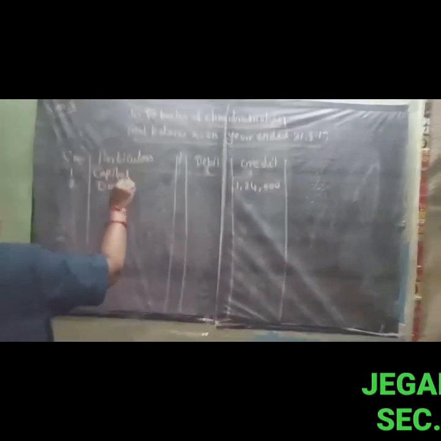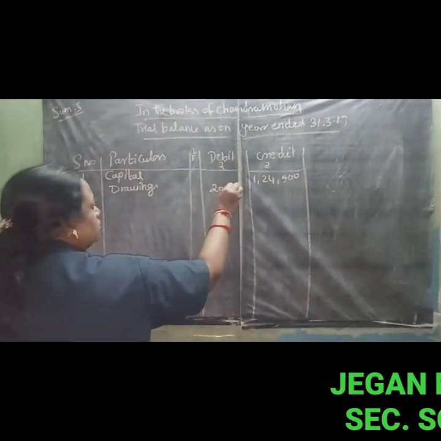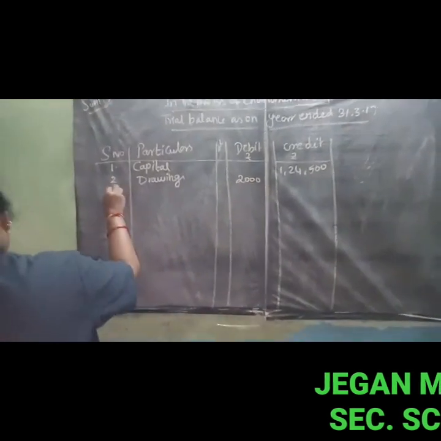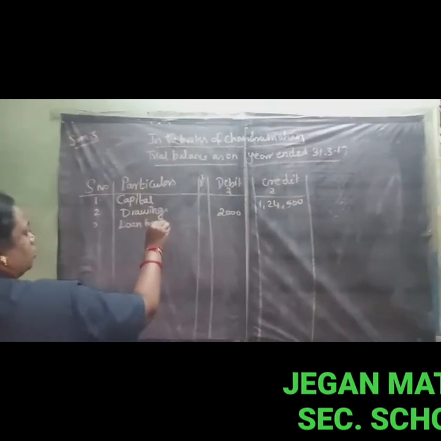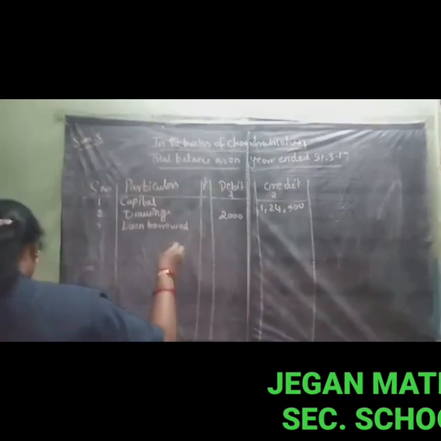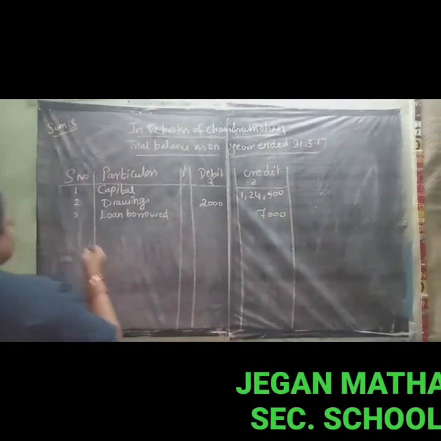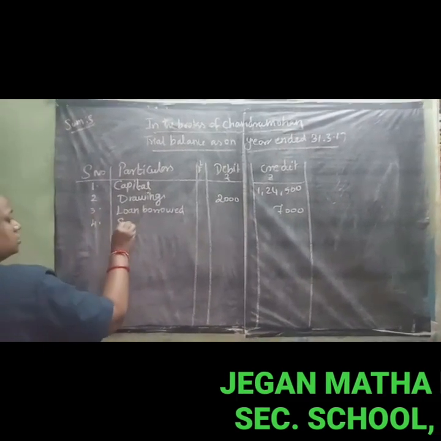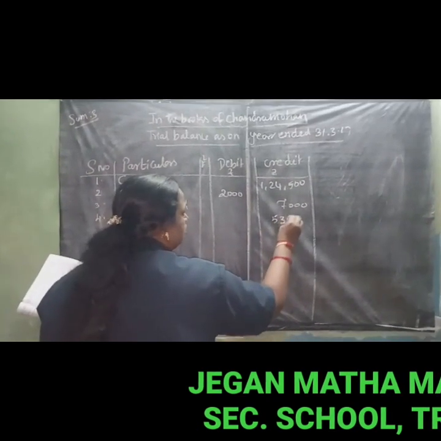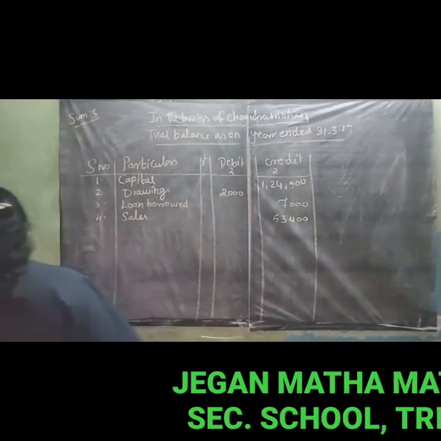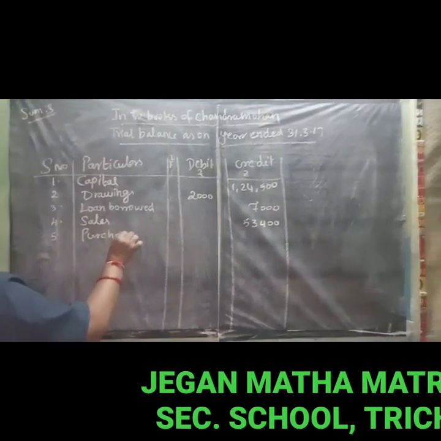And second item, drawings. So drawings, debit column, 2,000 rupees. Next, loan. Loan borrowed, liability. Write on the credit side 7,000. The next item, sales. So sales credit side 53,400 and purchase 40,000.